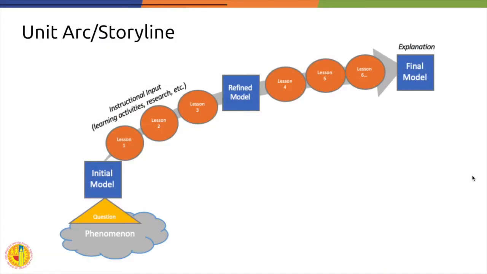So one way to think about the unit is to think about it in an arc or in a storyline. In the arc or storyline, students are presented with a phenomenon. The teacher chooses a relevant, engaging phenomenon that students will want to ask questions about.